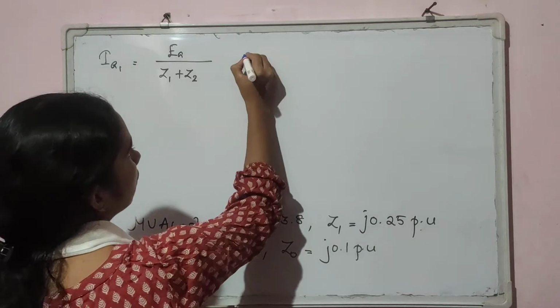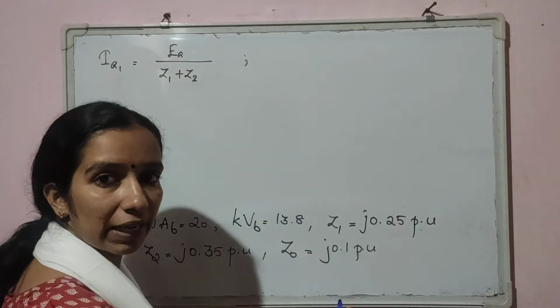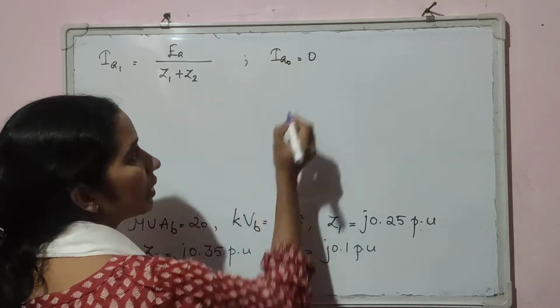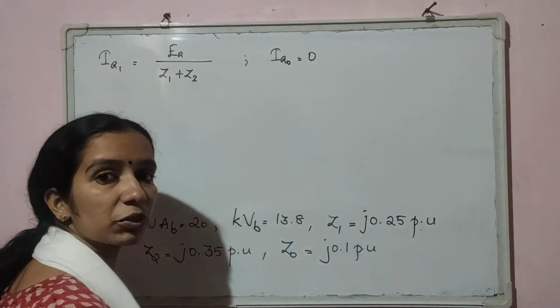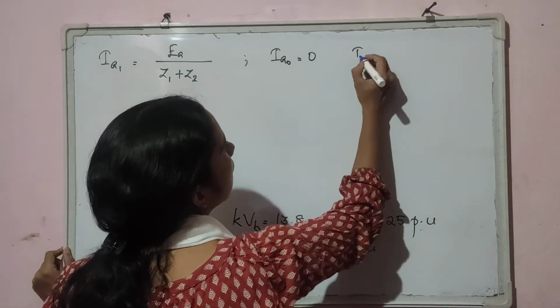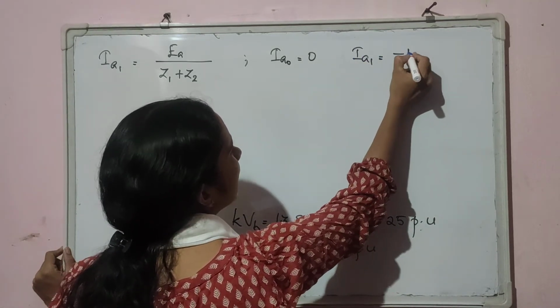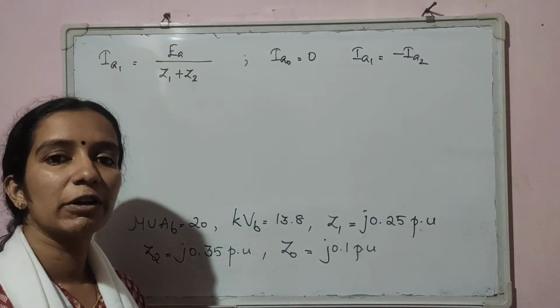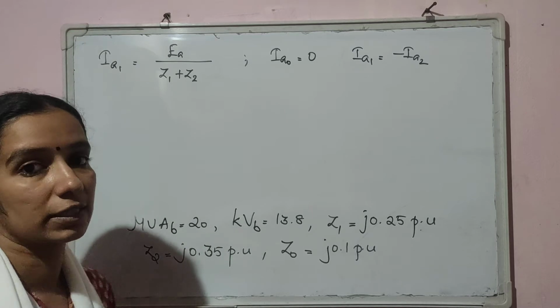Now we already know that in case of a line-to-line fault, the zero sequence current IA0 is equal to 0, and the relation between IA1 and IA2 is that IA1 is equal to minus IA2. Now let us write the values of various sequence currents.